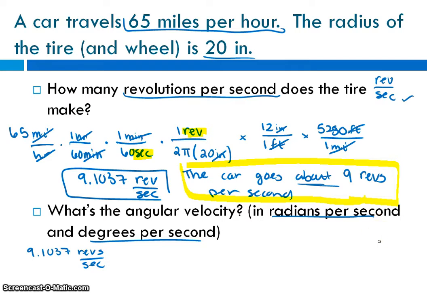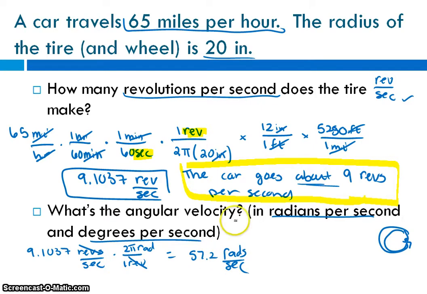So to go from revs to radians, if you have a circle and you make 1 revolution around the circle, that's the same thing as turning 2 pi radians. So I know that 1 revolution is equivalent to 2 pi radians. So the revolutions cancel. And I'm just using the previous answer in my calculator and timesing that by 2 pi. And I got 57.2 rads per second.